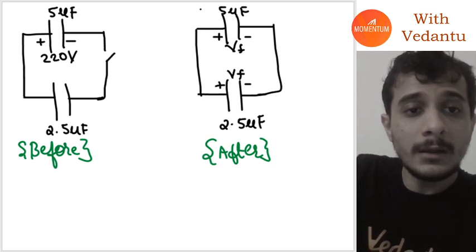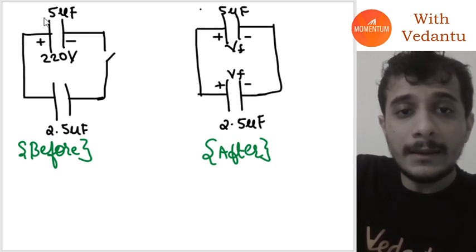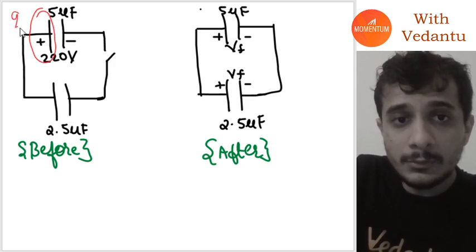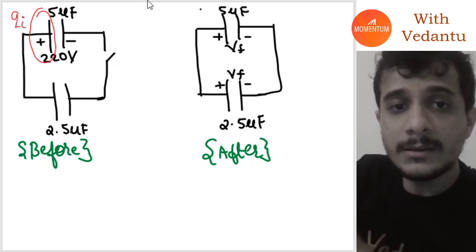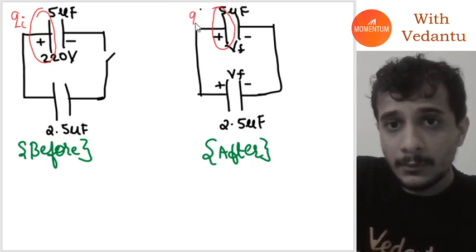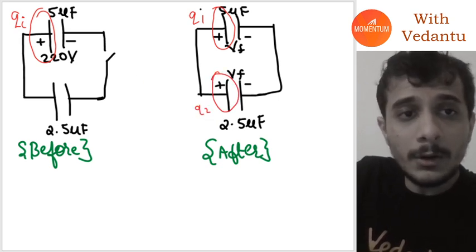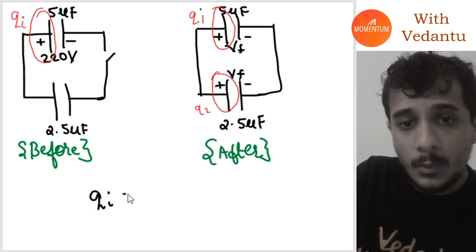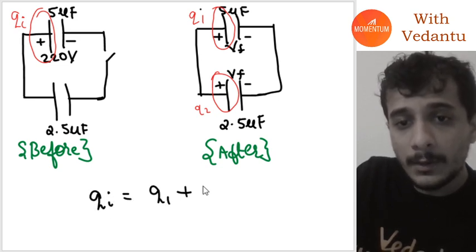Now here, guys, let's say initially the charge on this plate was equal to Qi, and finally the charge on this plate was Q1 and the charge on this plate was Q2. Then what we can say is Qi will be equal to Q1 plus Q2.